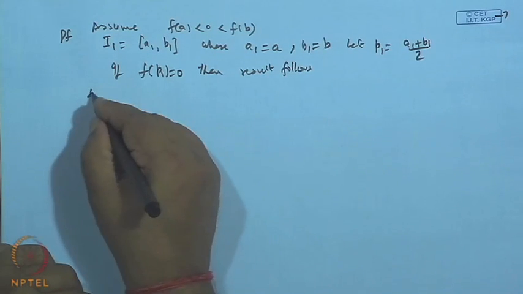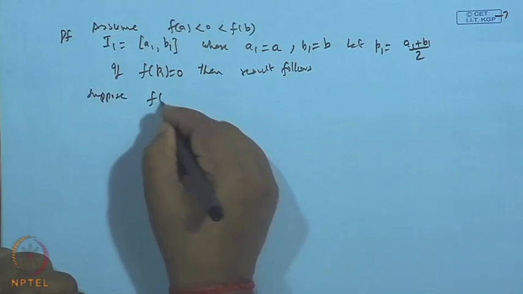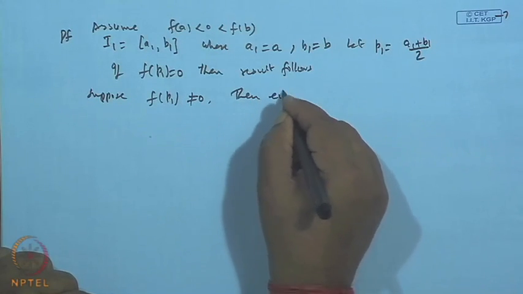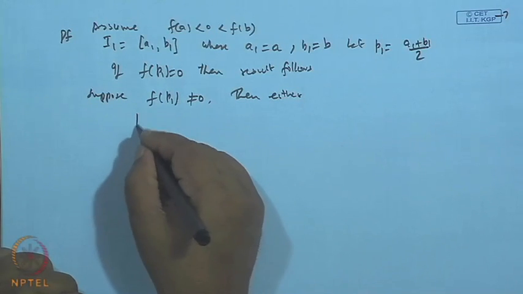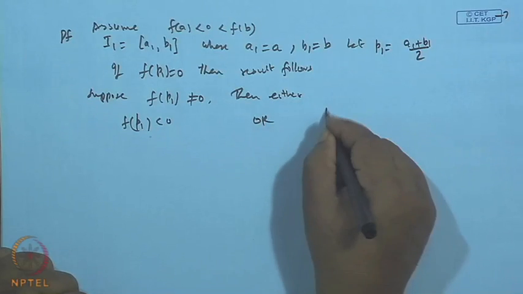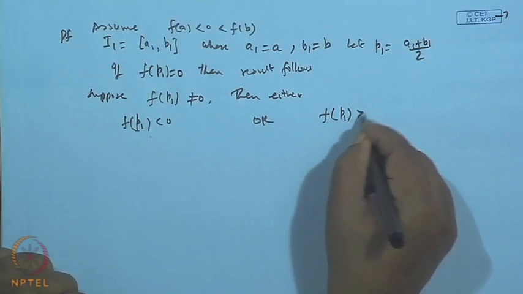Suppose it is not. Suppose f of P1 is not equal to 0, then either f of P1 will be negative or f of P1 will be positive.